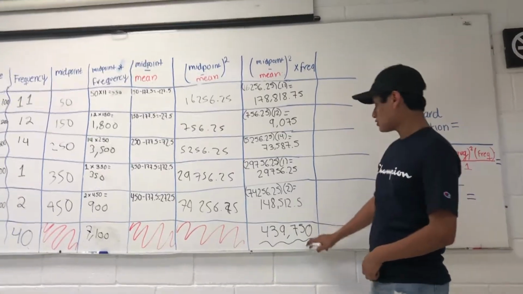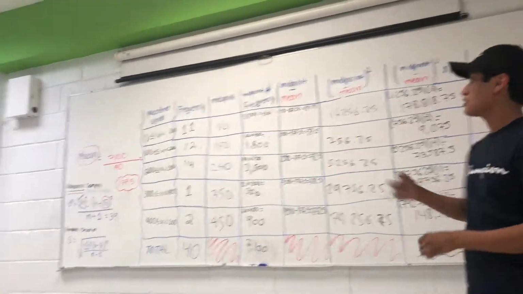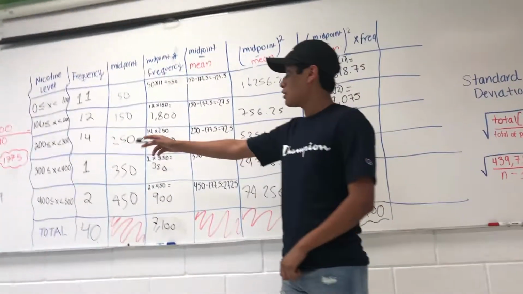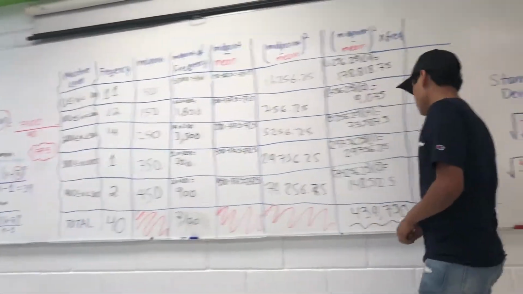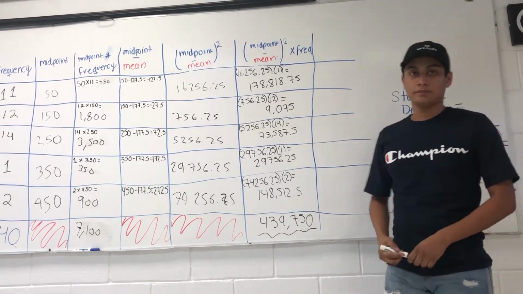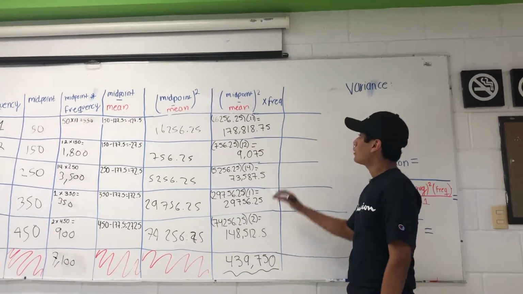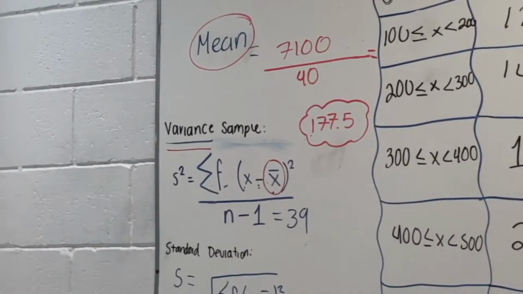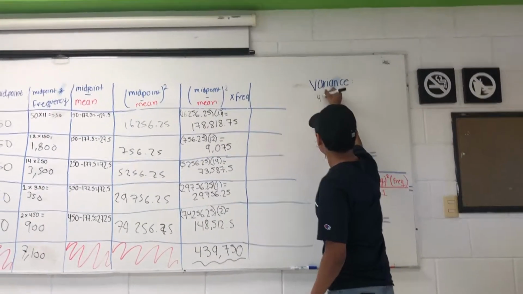Okay, so now we have this answer, which is the top part of the sample variance formula, and then we have to subtract 1 from the total frequency, 40 minus 1, which is equal to 39. So we have to divide this number over 39.